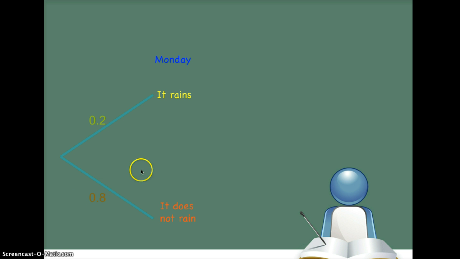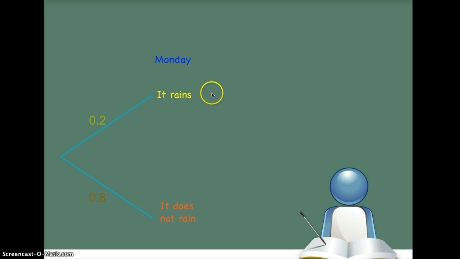Correct, it's 0.8 or 80%. Out of 100%, subtract the 20%, the probability that it will rain, and you will have 80% or 0.8. Now we have filled out the branch for Monday.